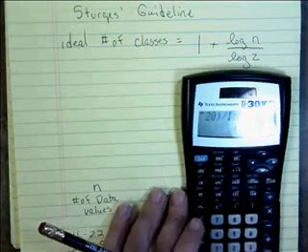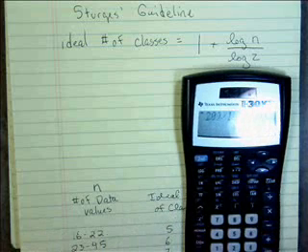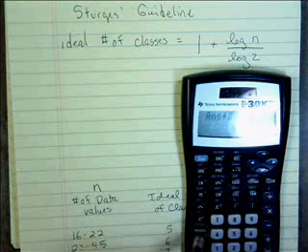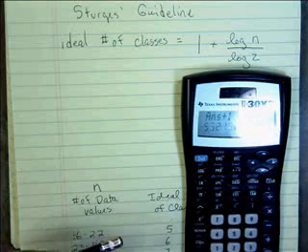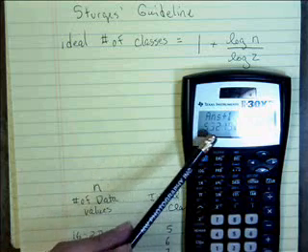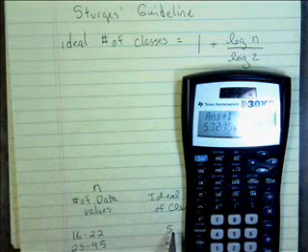Okay, so I've got log of 20 divided by log of 2, and then adding 1. And you can see on the display that 5.32 classes, in other words, 5 classes.